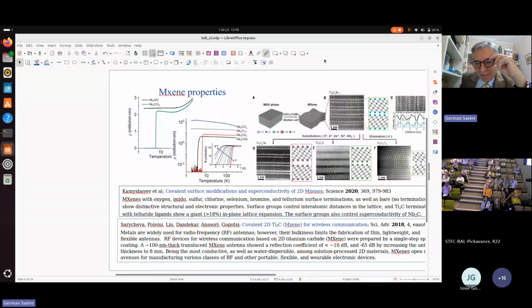Here it is basically showing niobium and also titanium. I don't have the data for titanium, but I think there is also a big effect of the metal. Since metals, apart from the termination, are the atoms closest to the surface, and the ones that give the conductivity properties to the material, it's not due to the carbide or nitride layers.